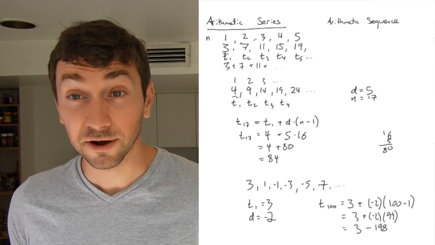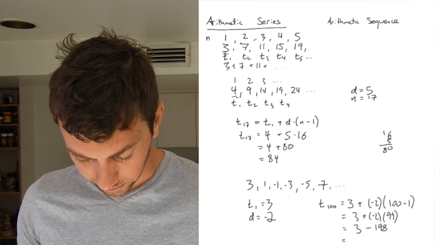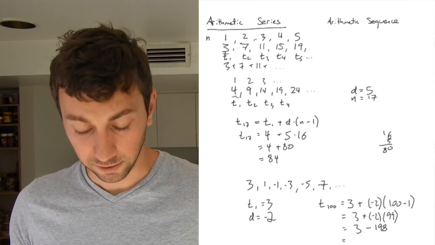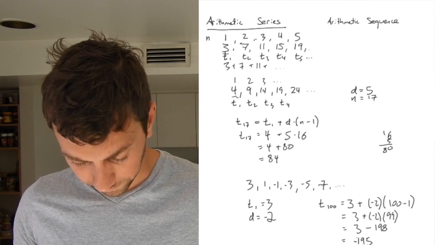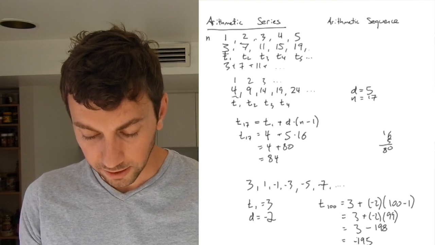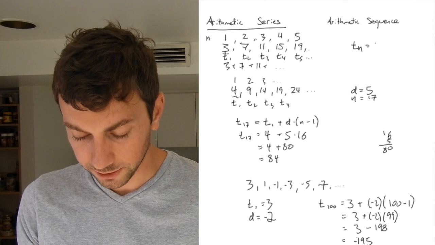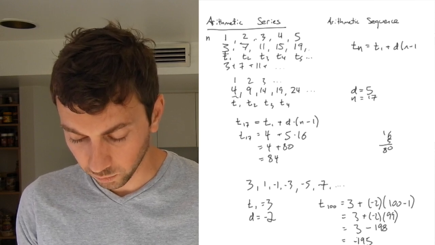If you want to use a calculator, you can double check my math to make sure I got this right. And that's 3 minus 198. Again, you can use a calculator, but I'm pretty sure it's negative 195.